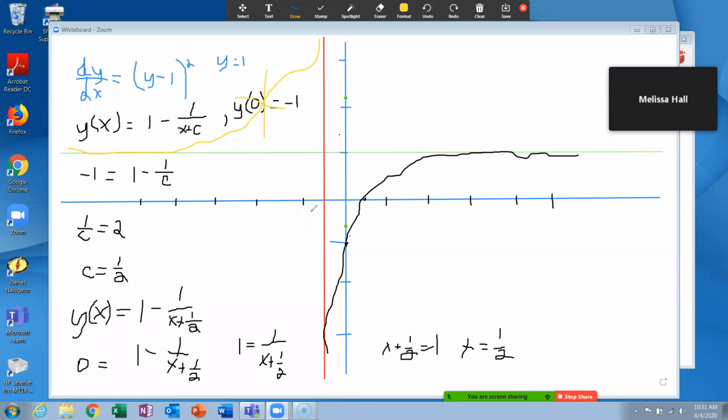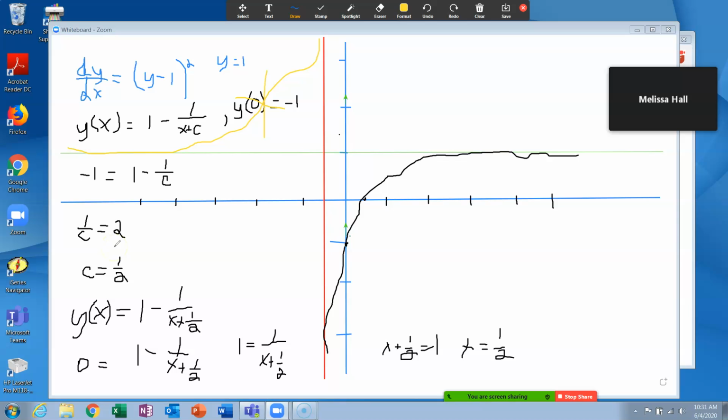And I don't know if you remember back in chapter 1, it said not only do you say what the solution is, you give the interval. This solution is only good for negative 1/2 less than x to positive infinity. This does not have a solution anywhere from negative 1/2 to the left.